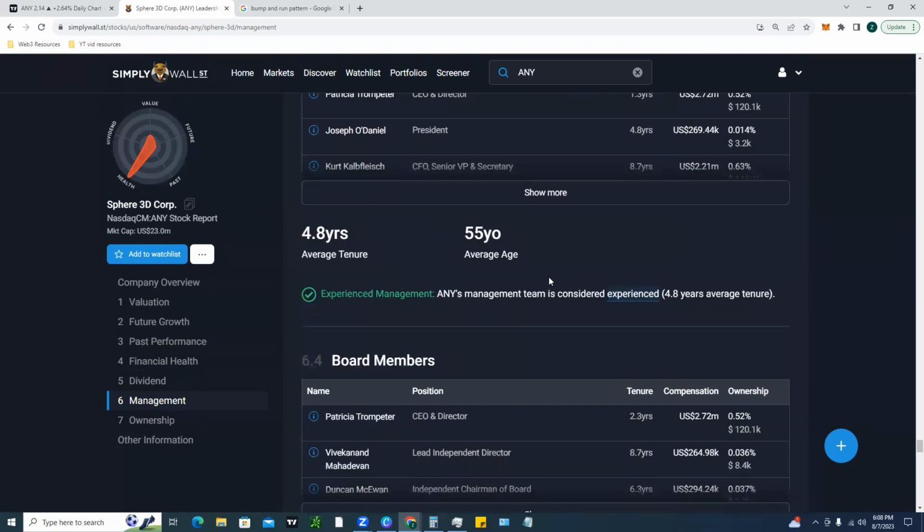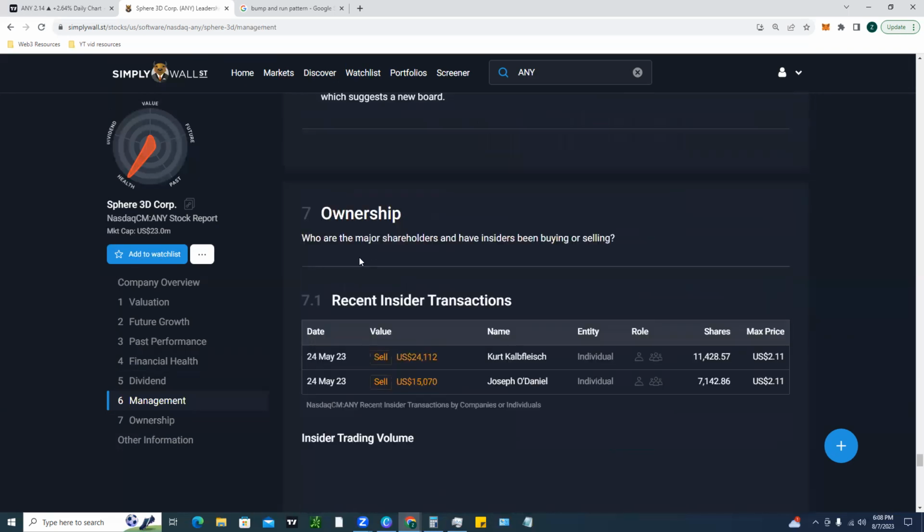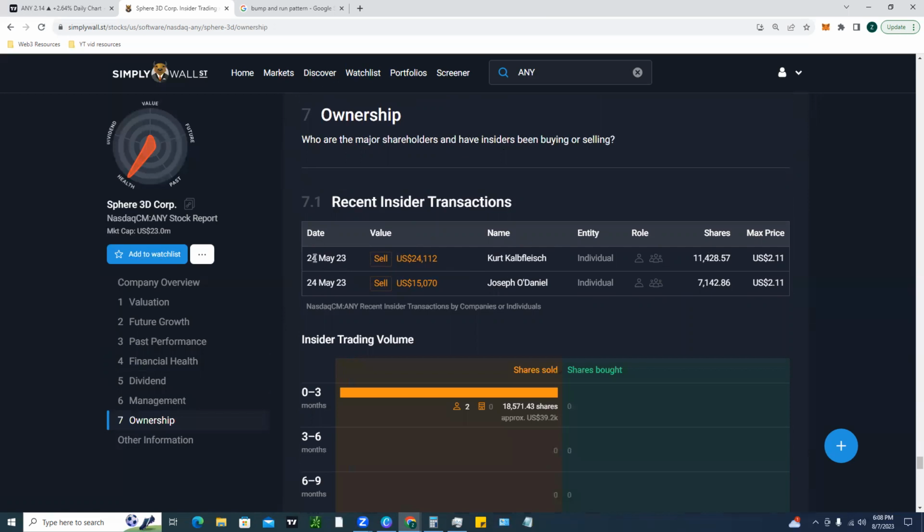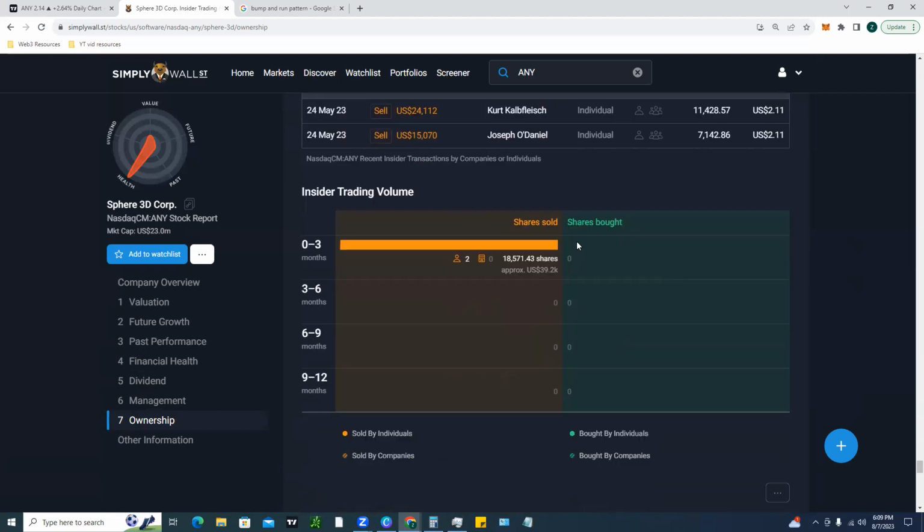You can see the leadership team in here, the board members, the ownership. You can see some of the insider trading here. On May 24th, we had some individuals selling shares here. Not a huge amount, 11,000 and 7,000 at $2 a piece. That's about 14,000 and $22,000 worth. So, a little bit of insider trading volume here within the last 3 months.